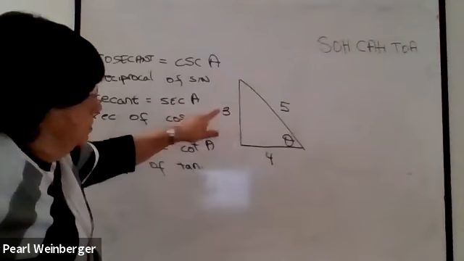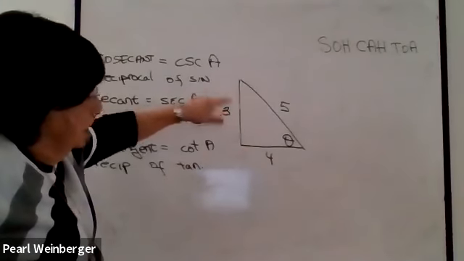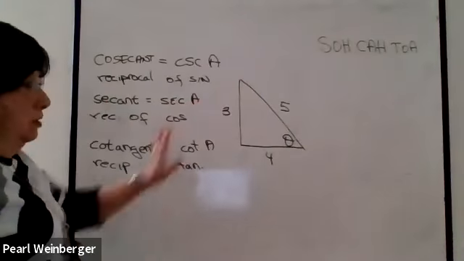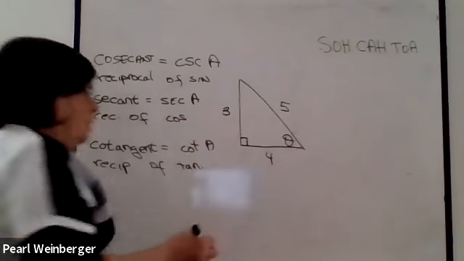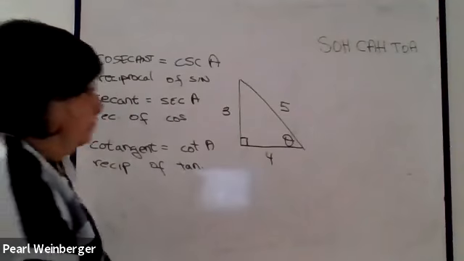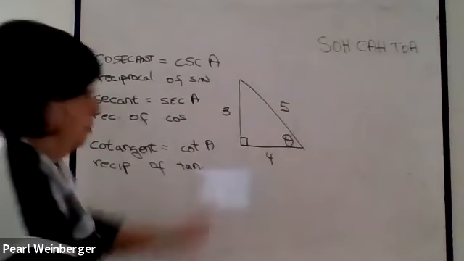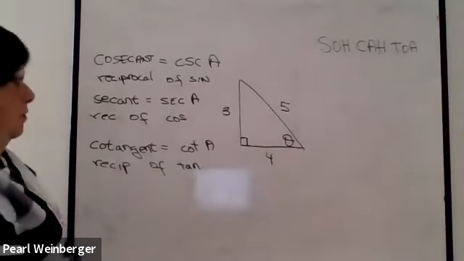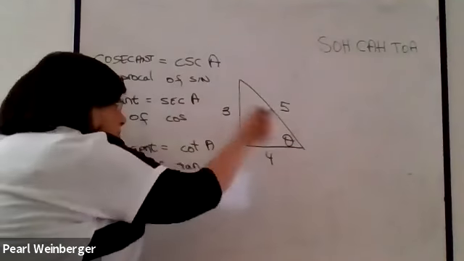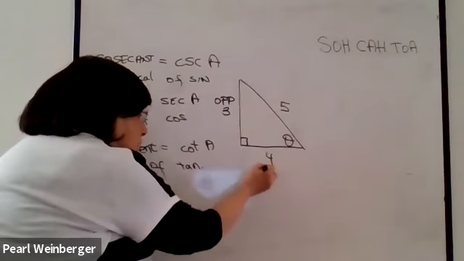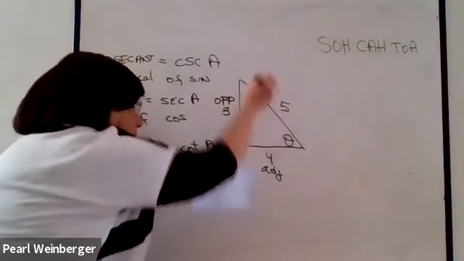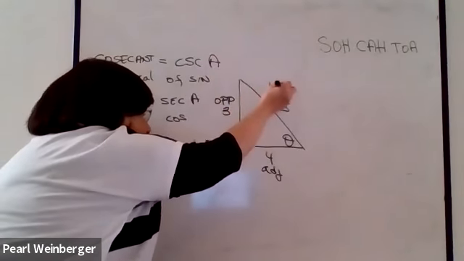If you do 3 squared plus 4 squared, you do get 5 squared. So this is a right triangle. If you have 3 and 4, this side will be 5. Now, this is our opposite, this is our adjacent, and this is our hypotenuse.